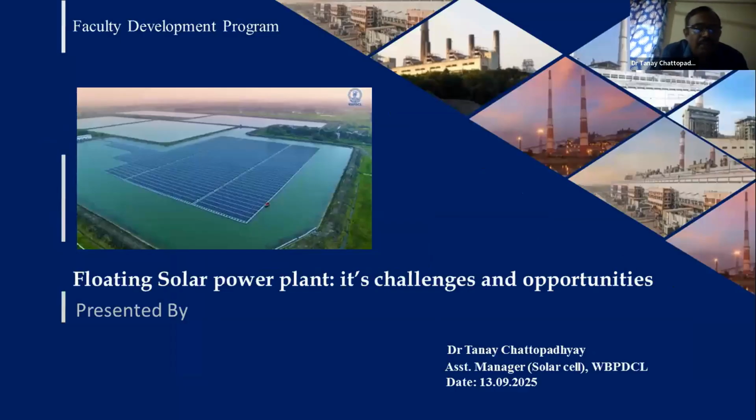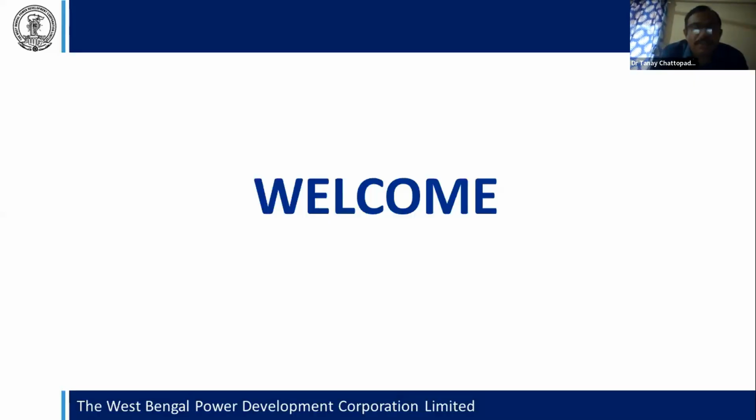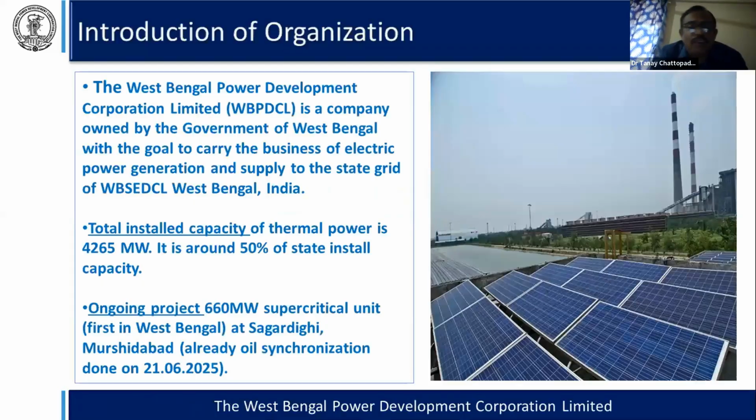I am telling about the floating solar power plant system and its challenges and opportunities. First of all, I want to tell about my organization. I am from West Bengal Power Development Corporation, which is an electricity generation company supplying the state grid of WBSEDCL, West Bengal.